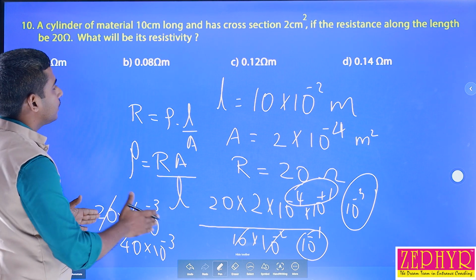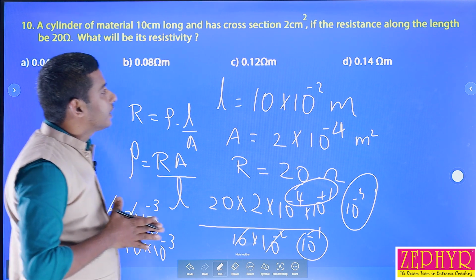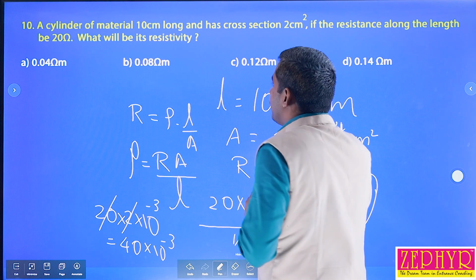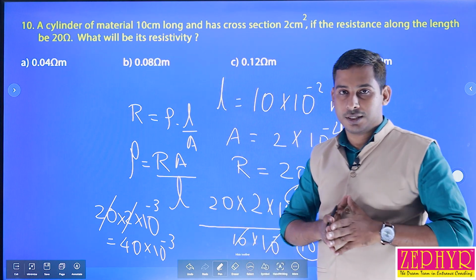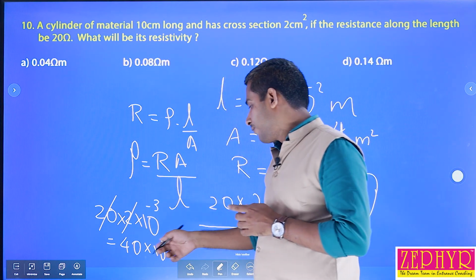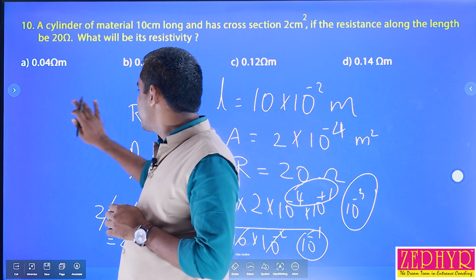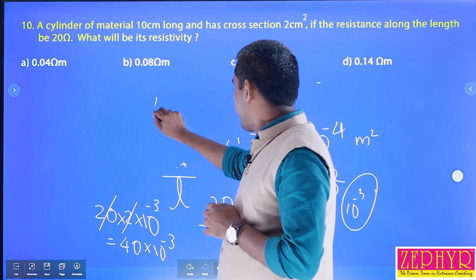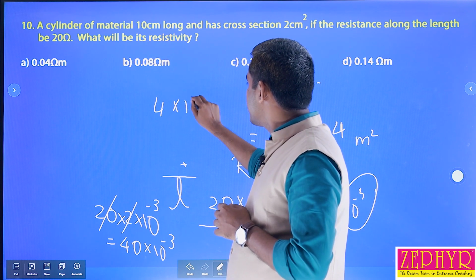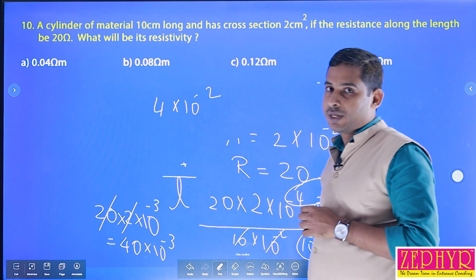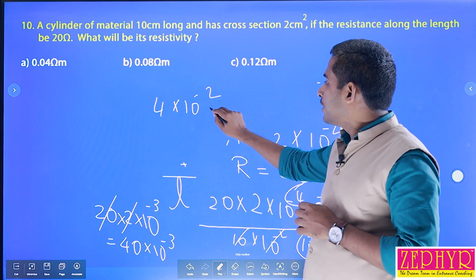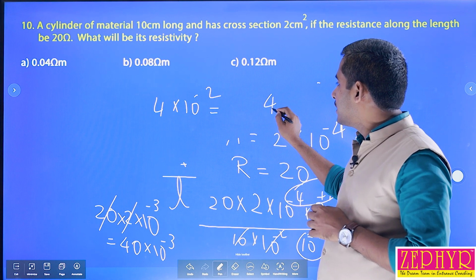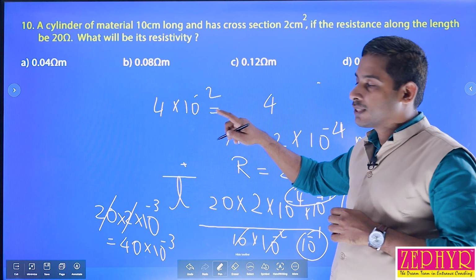This 40 into 10 raised to minus 3, how we can relate to the given option? That is the next challenge. So 40 into 10 raised to minus 3 means we can say 4 into 10 raised to minus 2. Am I right? 4 into 10 raised to minus 2 means you have to consider 2 decimal places.